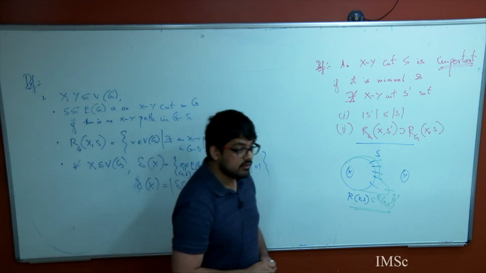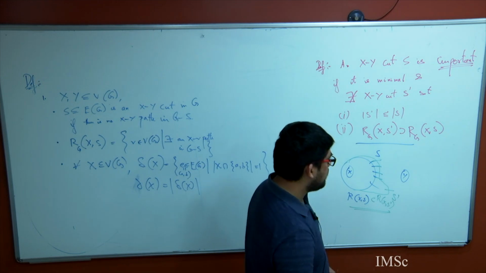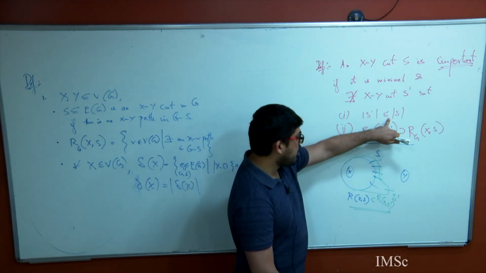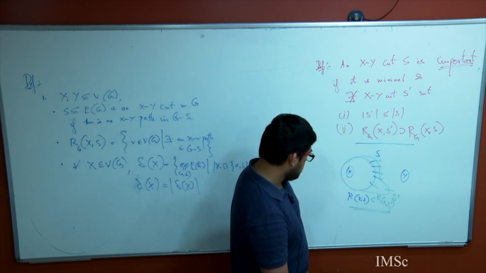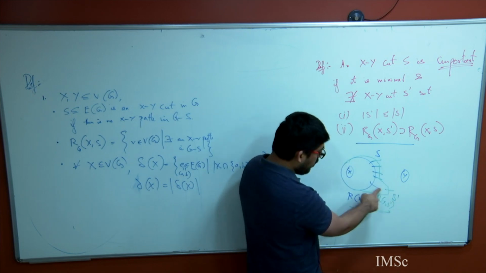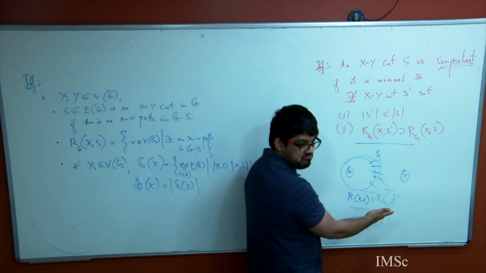Yes. Could you say? Yes. So it should not be larger than S. No, it doesn't. Right. So it shares these edges. It no longer has this one, but instead it has the green one. Right.